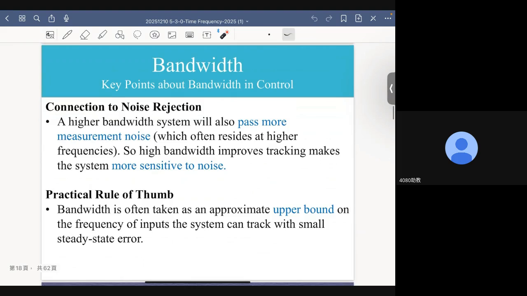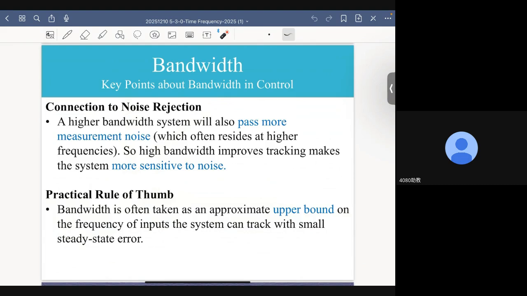Okay, now there is a practical rule of thumb for determining bandwidth. Bandwidth is often taken as an approximate upper bound on the frequency of inputs the system can track with small steady state error. So the first thing is that I need to know how fast my input is. One of the fundamental goals of my control system is I want my output to follow the command given by the input. That is the very fundamental goal of a control system. Follow the command.